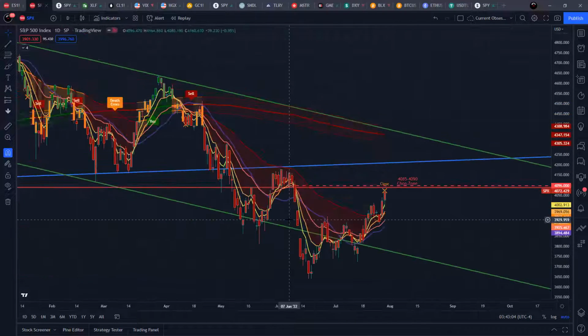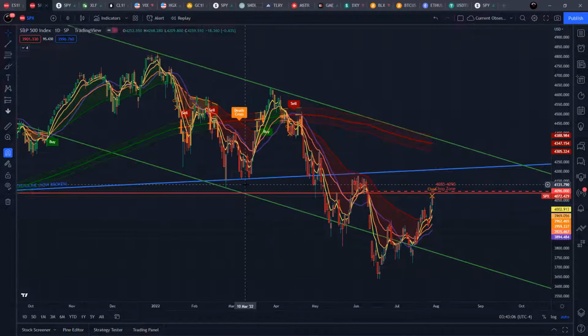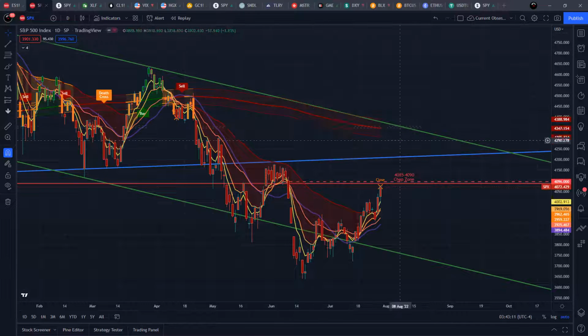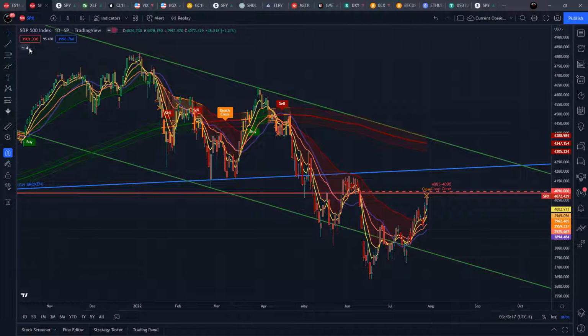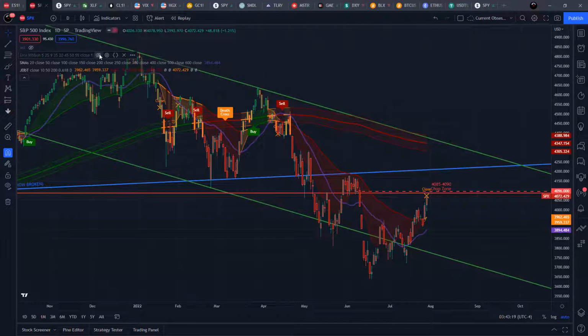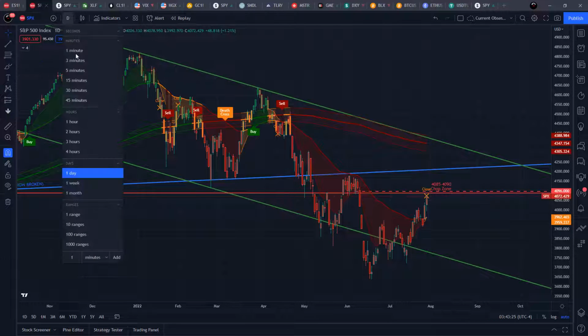This is the daily, and if you notice, it kind of lines up with this top channel of mine that I had going, right? The reason I wanted to show this one is because you'll see a cloud here.